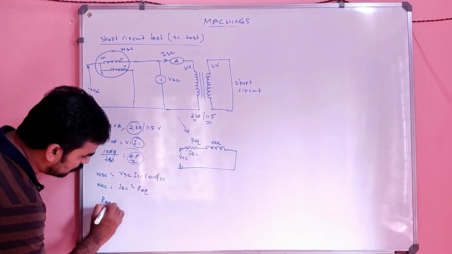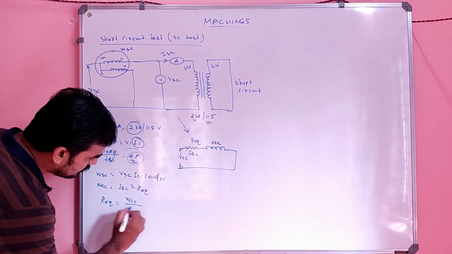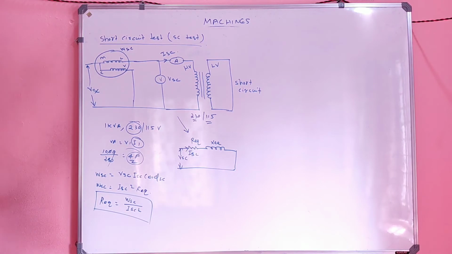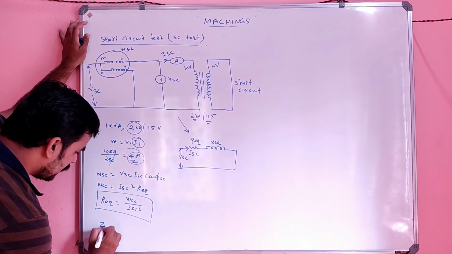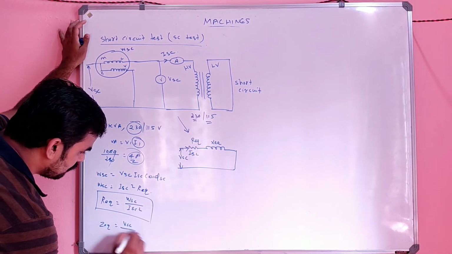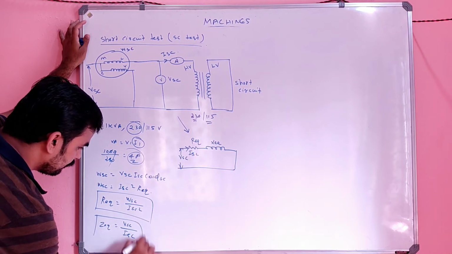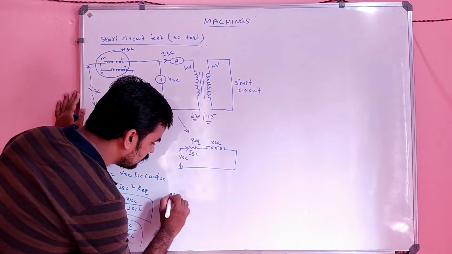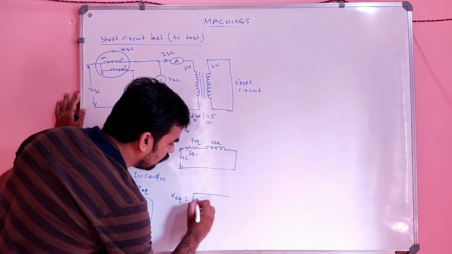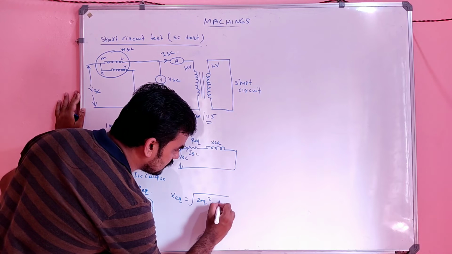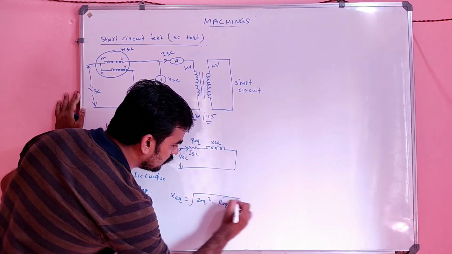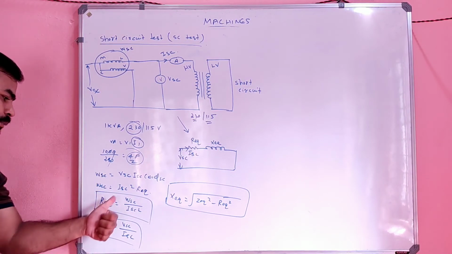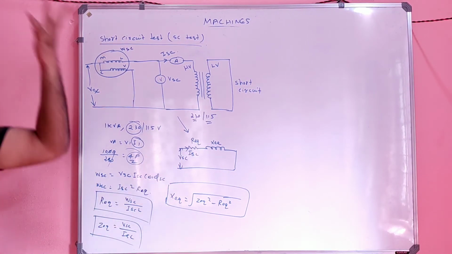From this, R equivalent will be equal to WSC divided by ISC square, and Z equivalent is VSC by ISC. What is X equivalent? Root of Z equivalent square minus R equivalent square. So you have the values of R equivalent, Z equivalent and X equivalent.